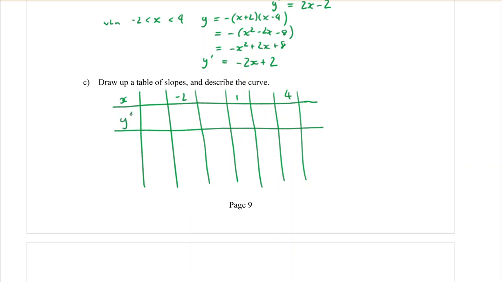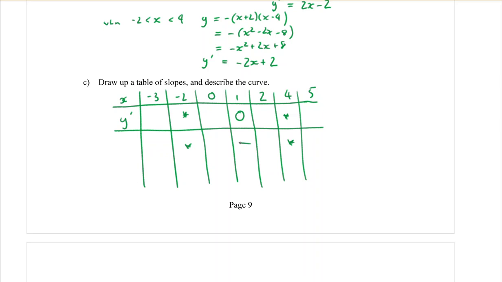Okay, let's pick some values in between. So -3, 0, 2, 5. At -2 and 4, we have asymptotes, stars. At 1 was my turning point, which means that I have a 0 gradient, which is my flat line.